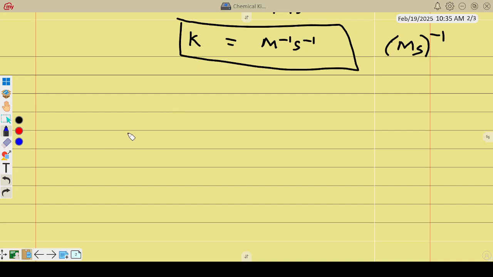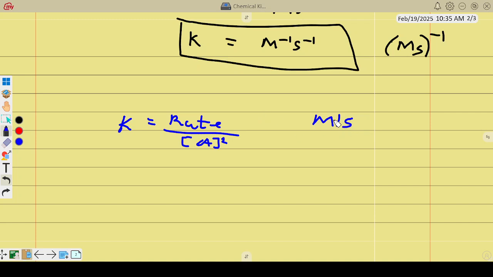So the rate is equal to the rate constant k. When we make k the subject, it will be like this, over A squared. You see, the units for rate, we know it's molar per second.